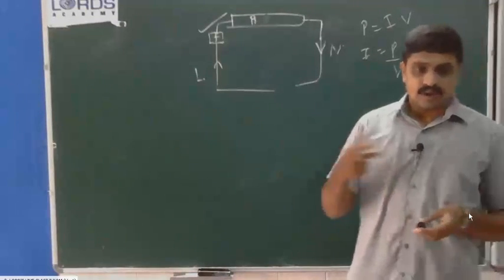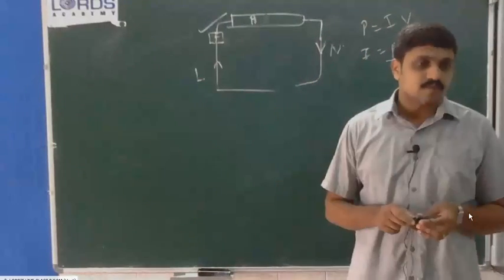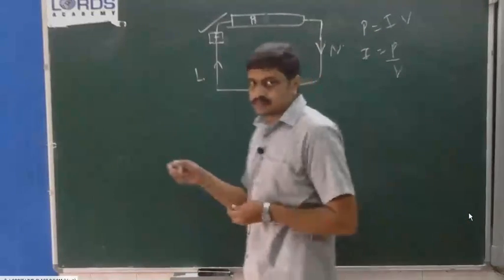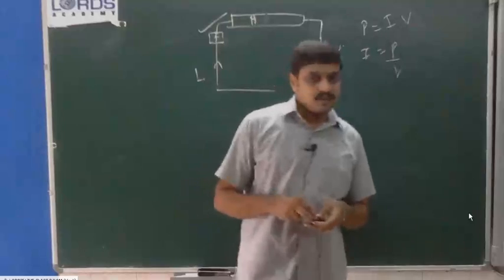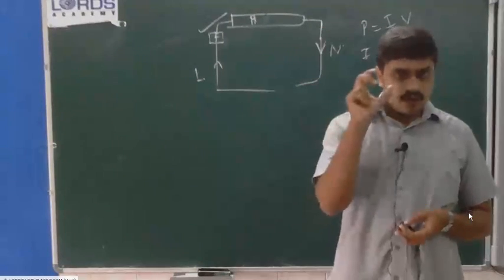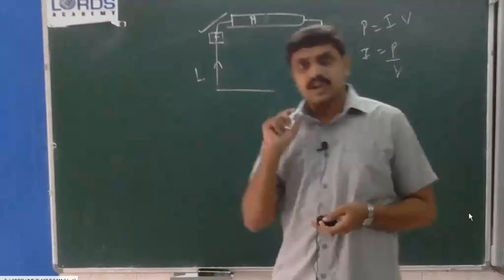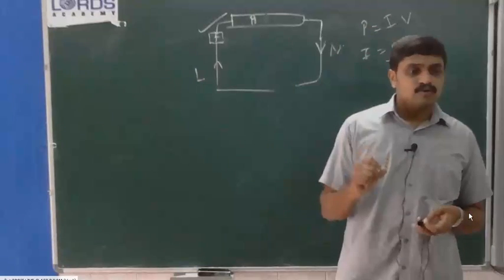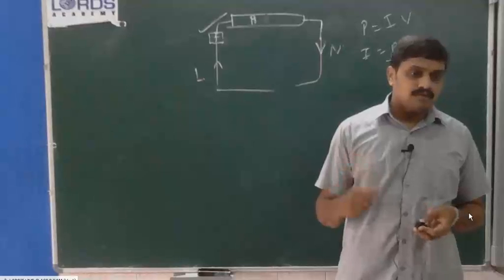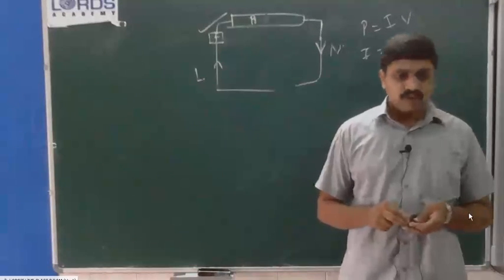You can guess what it is: it disconnects both neutral and live wire together. So a single pole switch is connected only to the live wire, and a double pole switch is connected to both neutral and live wire together.